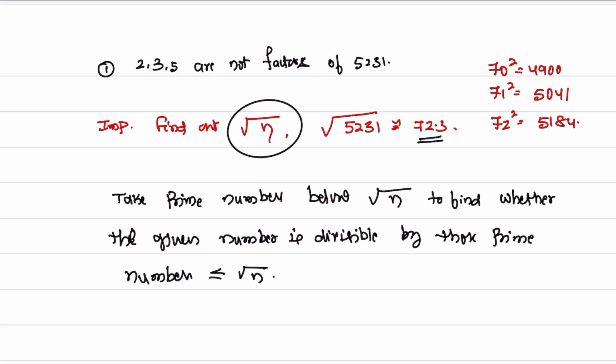Next, we checked whether the last digit is either 0 or 5, to find whether it is divisible by 5 or not. We found it is not divisible by 2, 3 and 5. For higher numbers, we need not go beyond 5230. It will be sufficient if you go up to the square root of n. What is the n given here?